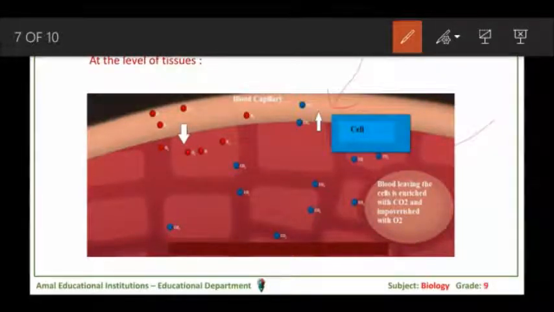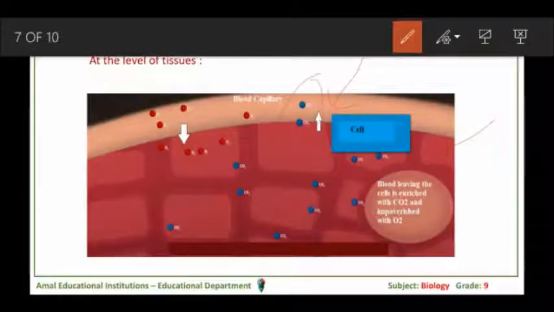This blood capillary coming to the tissue is coming from the lungs or from the alveoli. It's rich in oxygen. If we count here the CO2, we notice that the cell is a medium which is rich in CO2. And here, if we count the number of carbon dioxide particles at the level of the blood capillary, we notice that there are only 2.